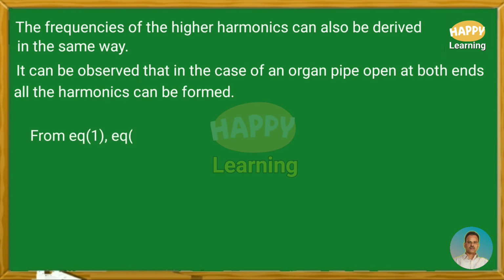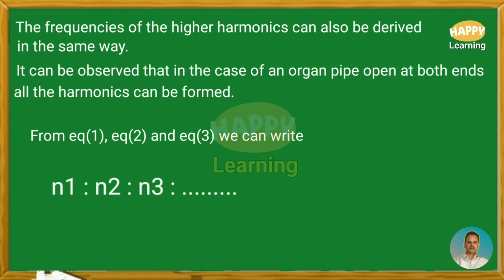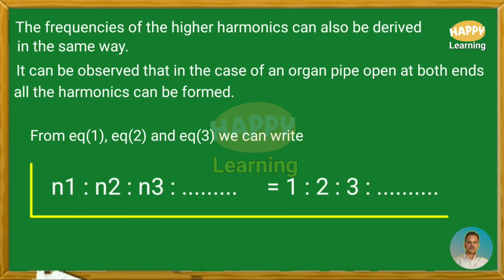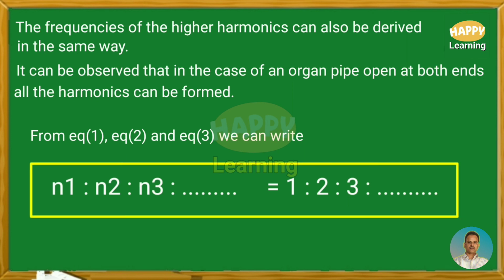From equation 1, equation 2 and equation 3, we can write N1 is to N2 is to N3 and so on is equal to 1 is to 2 is to 3 and so on.